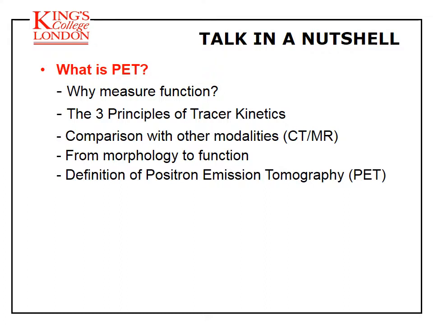Fourth, we need to check how these principles are adhered to by imaging modalities such as CT or MRI. And fifth, we need to explain why these modalities are excellent when measuring structural elements, but have limitations when employed in functional paradigms. And finally, sixth, we need to provide a clear definition of PET and explain why it fully supports tracer functional measurements.